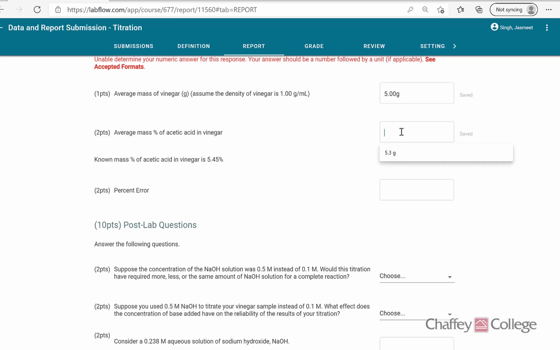Imagine that we end up calculating 5.3. Your number may vary. I'm just taking a random guess value. So imagine that we obtain this value as our answer. So the mass percent calculated by our calculation is 5.3, and the mass percent given to us is 5.45.